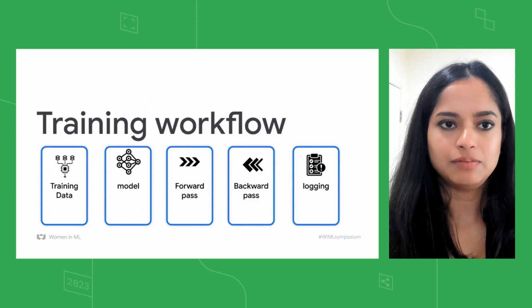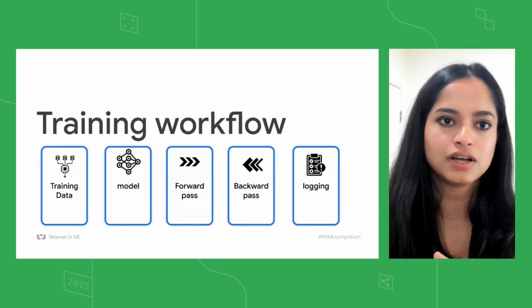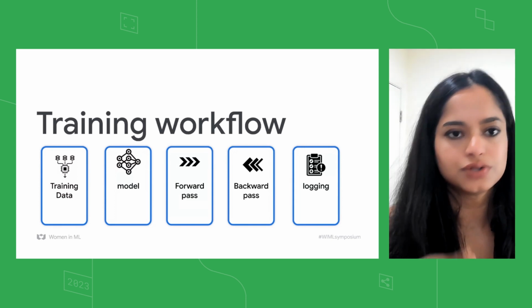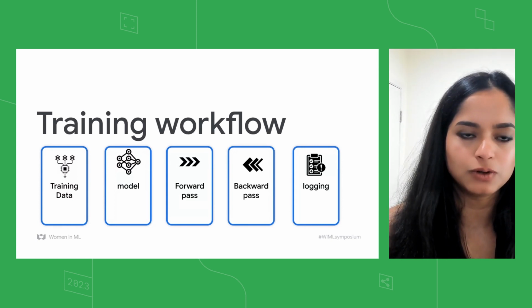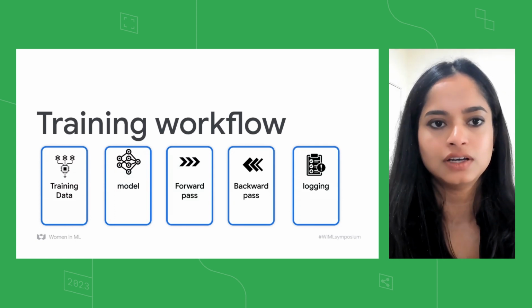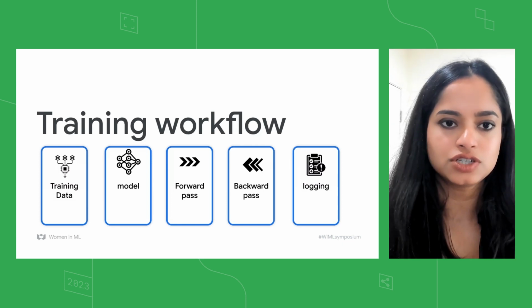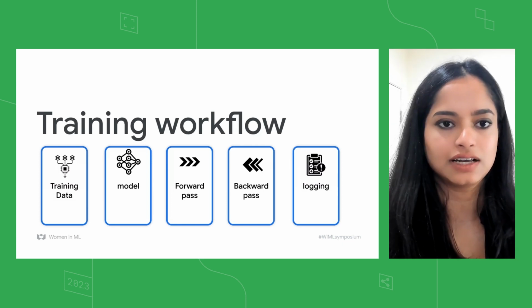Let's move on to the training APIs. So a complete training workflow consists of preparing the training data set, a crucial step in the machine learning workflow. The model, which is the heart of the machine learning workflow, is a mathematical representation of the relationship between the input data and the output data.